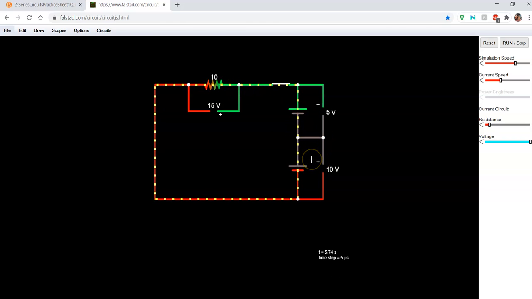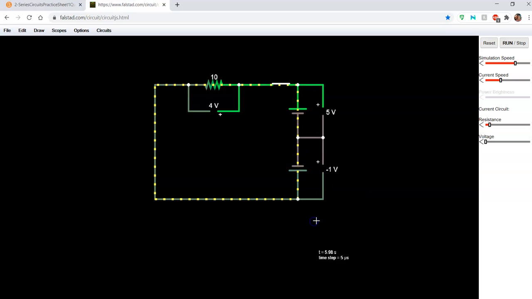Now, let's see what's going to happen if we decide to reduce this back to 1 volt. What's going to happen if, instead of connecting my battery 2 positive terminal to the negative terminal, I do the opposite and connect negative to negative?